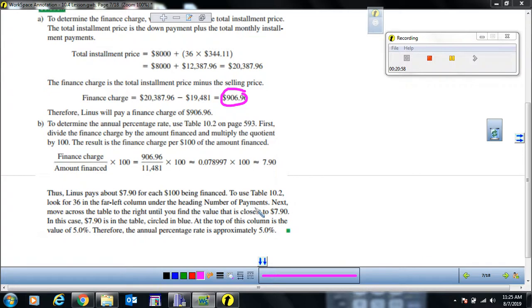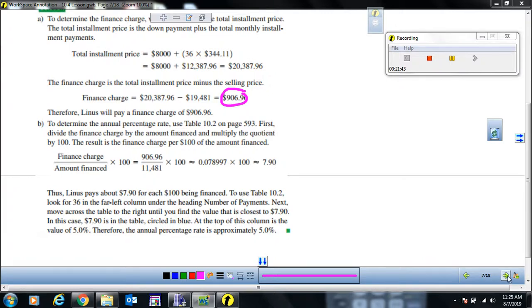Next, move across the table to the right until you find the value that is closest to $7.90. Sometimes you don't find the number exactly in the table, so you're going to find whichever is closest to that amount of dollars that you got in letter B. But in this case, we actually found that number exactly on the table. So at the top of this column is the value 5%. Therefore, the annual percentage rate, or the APR, is approximately 5%.